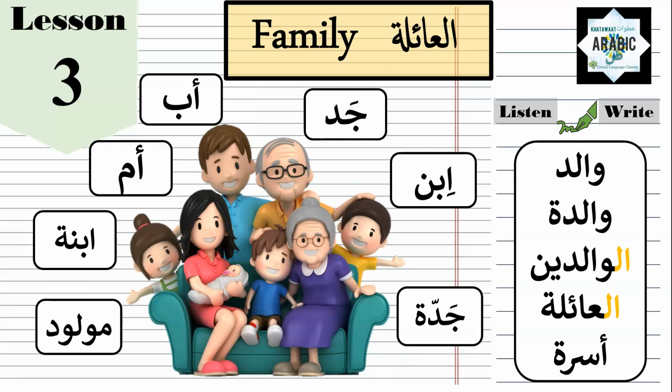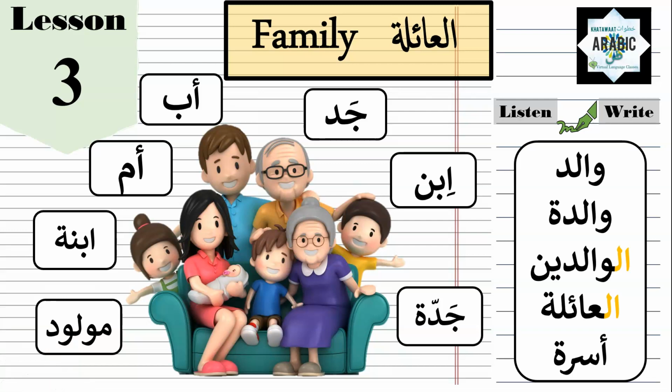In this video, we're going to cover Al-Kitaab series, part 2 of lesson 3. In this part, we're going to discuss Al-A'ilah. Al-A'ilah, family. Al-A'ilah is a reference to larger family members.